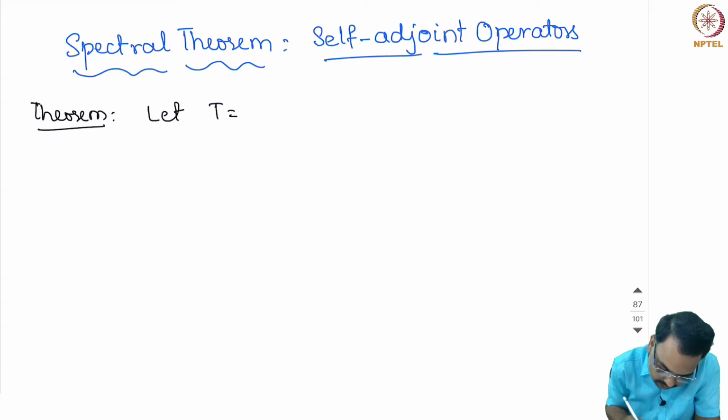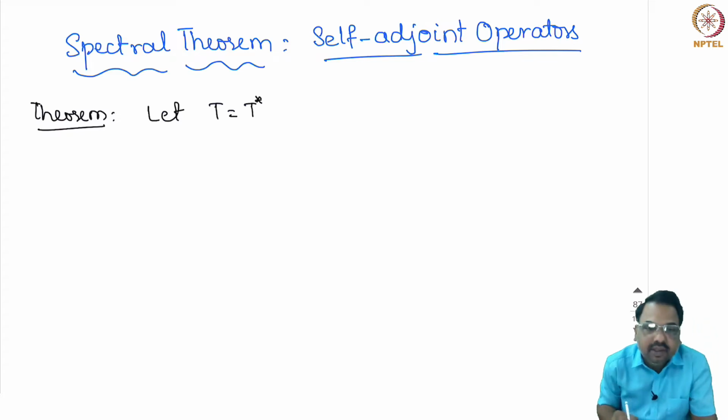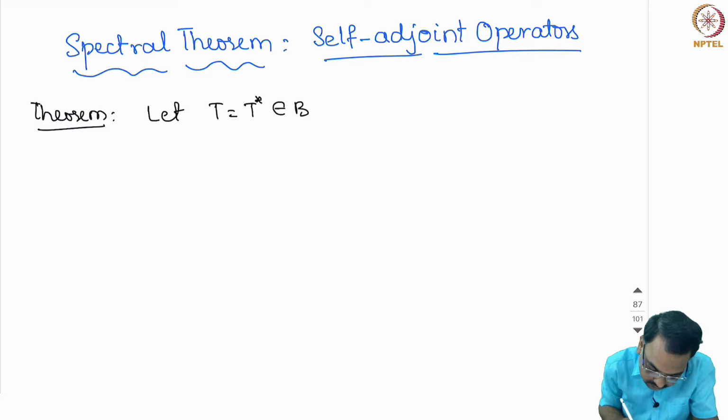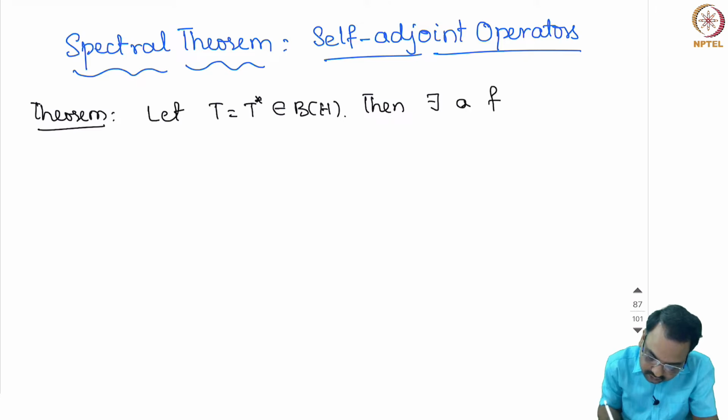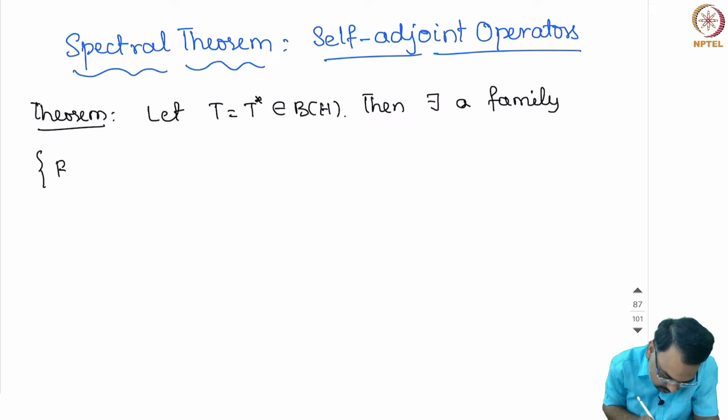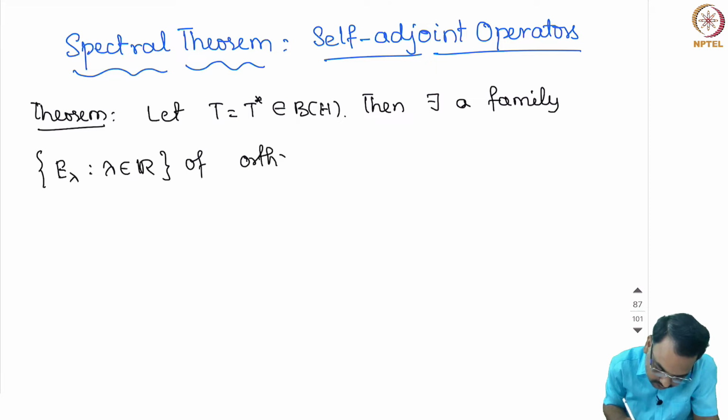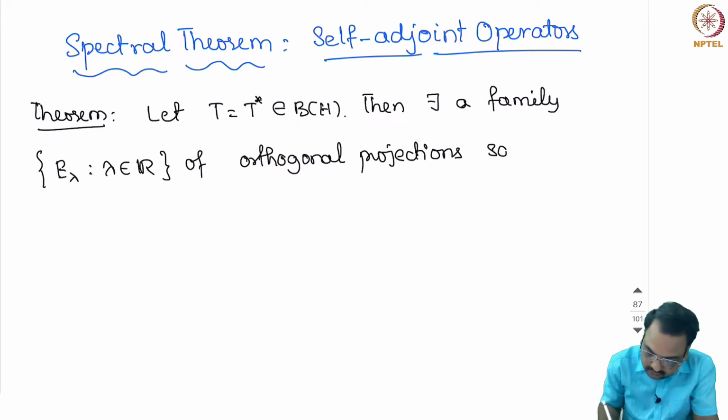Let T be a self-adjoint operator defined on Hilbert space H. Then there exists a family E lambda, lambda in R, of orthogonal projections satisfying the following conditions.